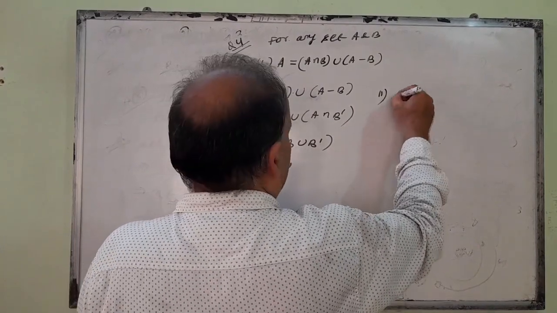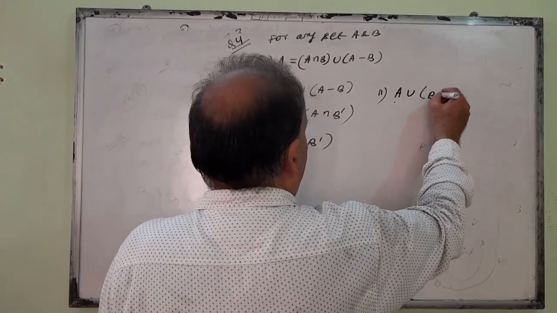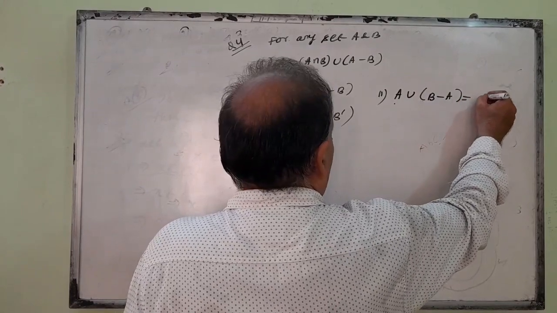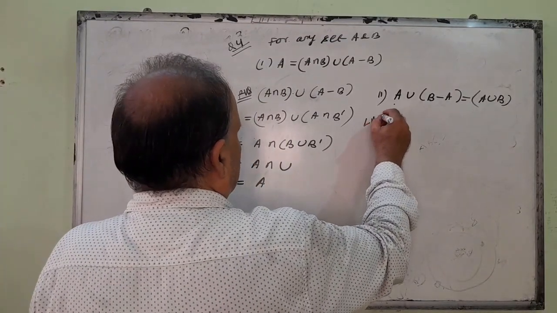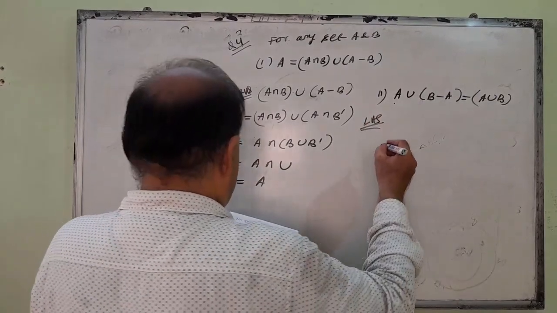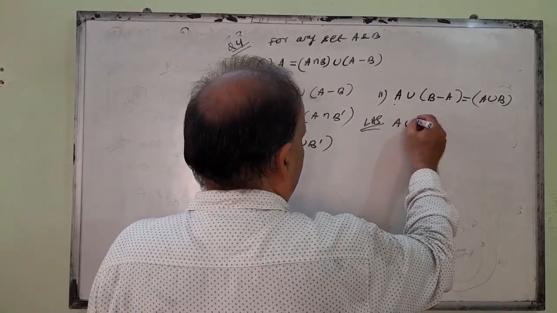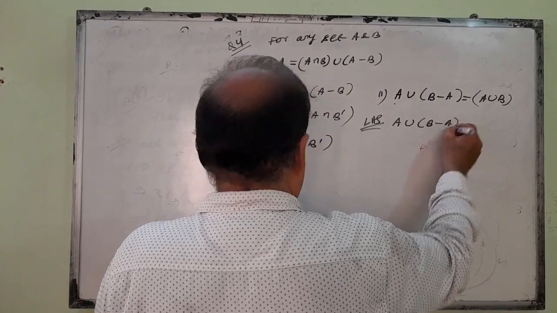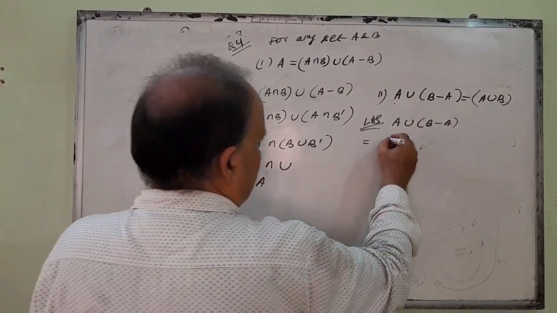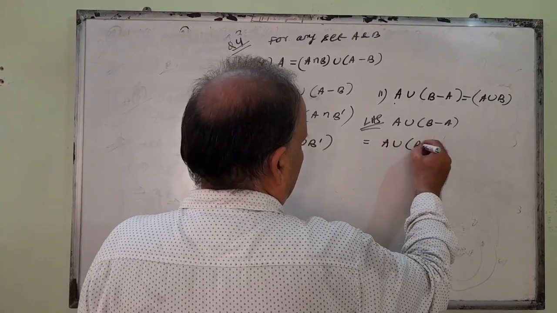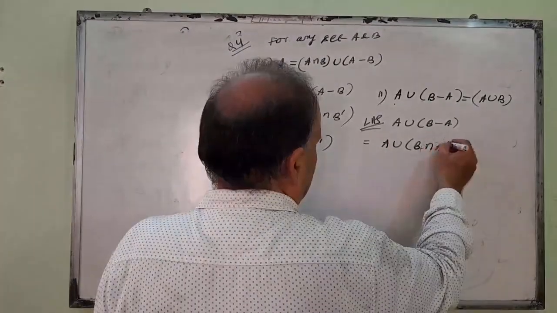Next, your second proof is A union (B minus A) is equal to A union B. From the LHS, you see A union (B minus A), that is equal to A union (B intersection A dash).